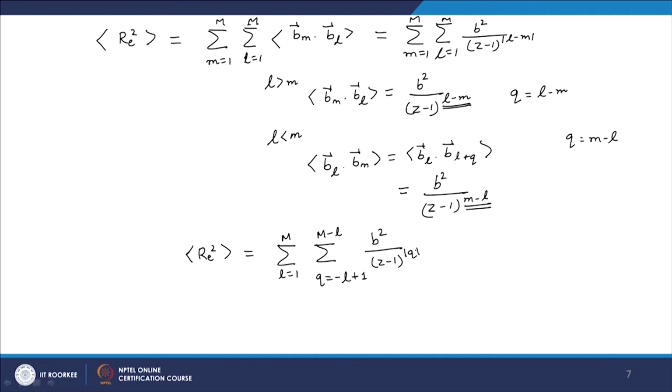All I am doing is I am replacing the L by Q as the index, where Q is equal to m minus L.